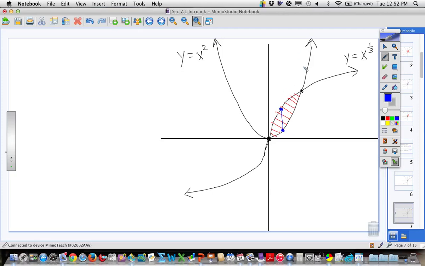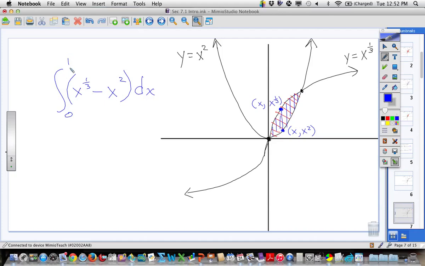So let's just take a vertical strip here, and imagine we had a whole bunch of these vertical strips in here, and the integral is going to add all those up. Well, for this strip, we said this generic point would be x and x to the 1/3, and the generic point on this curve would be x and then x squared. And so it'd be the top y value, x to the 1/3, minus the bottom y value, which is that. And then you don't need parentheses, but I'll just show it.